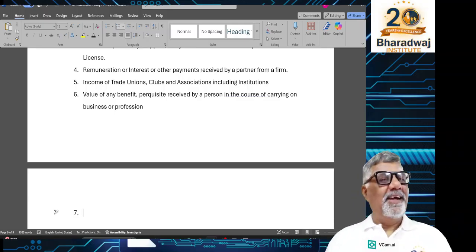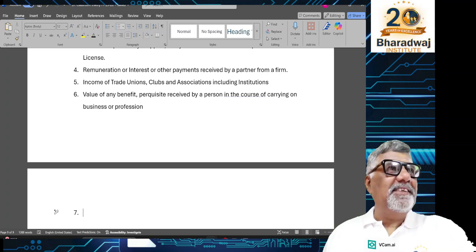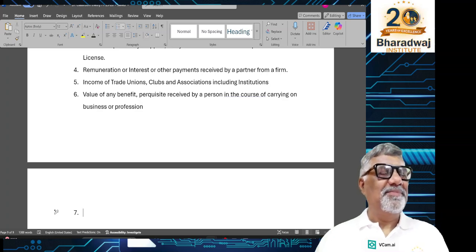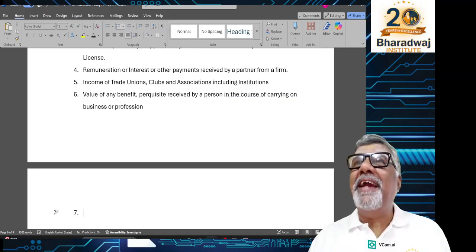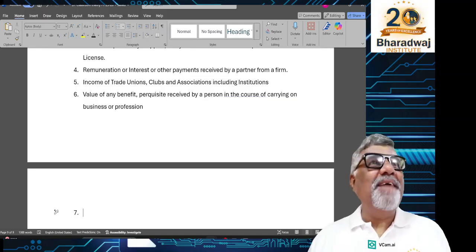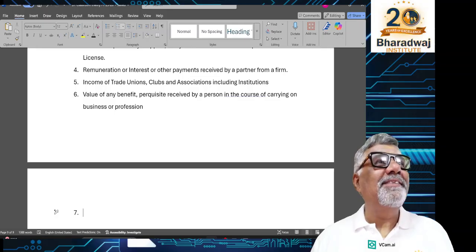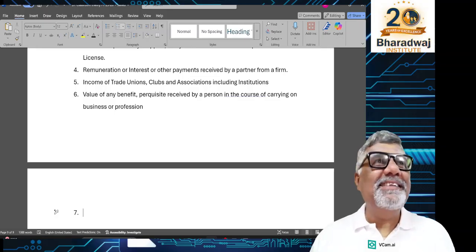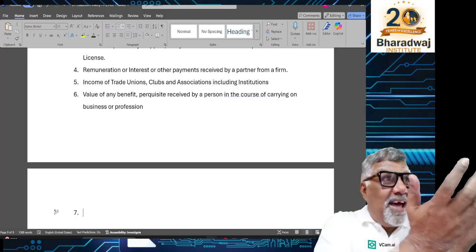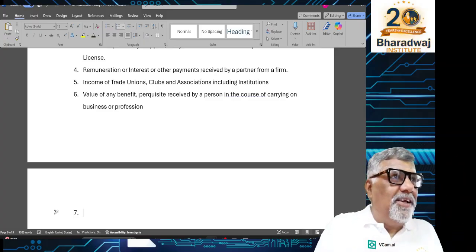She is an agent of my company. For achieving target, I am giving her a gold coin. The taxman will come back and say, the fair market value of the gold coin is your income.